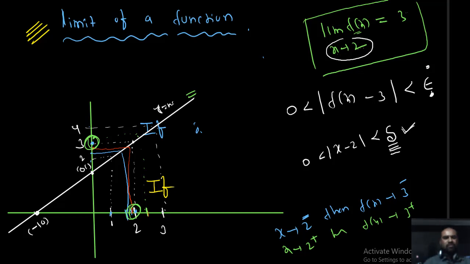Okay students, again I want to use one more example to explain the concept of limit of a function. The question is, find the limiting value of the function x square minus 4 by x minus 2, where x is tending to 2.